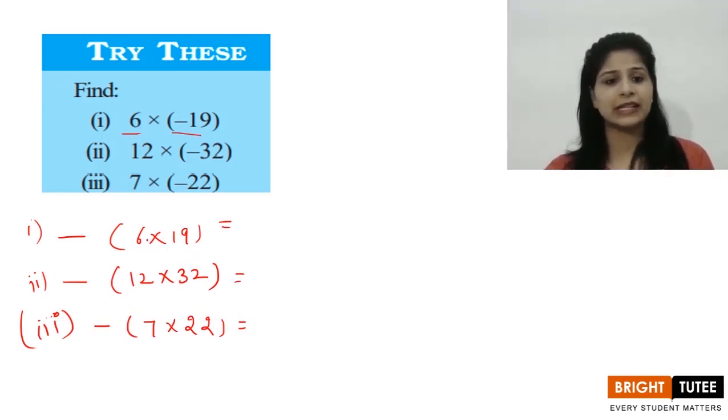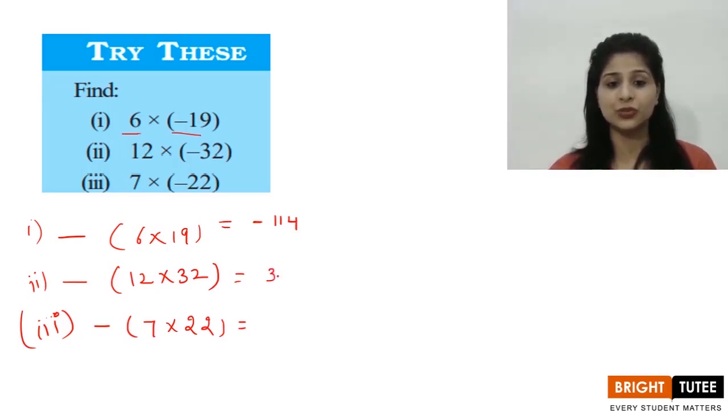So when we multiply 19 with 6, we get 114, and we have a negative sign outside. We'll put that. Don't forget to place this negative sign. Then 12 into 33, the multiplication of these two will be 384, and you have to place a negative sign outside.